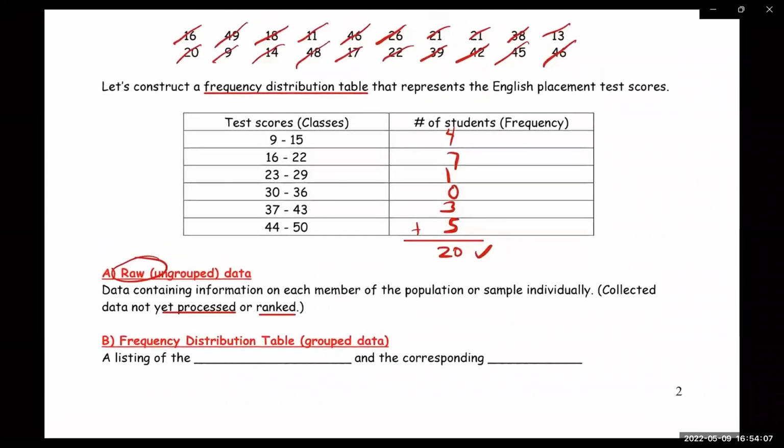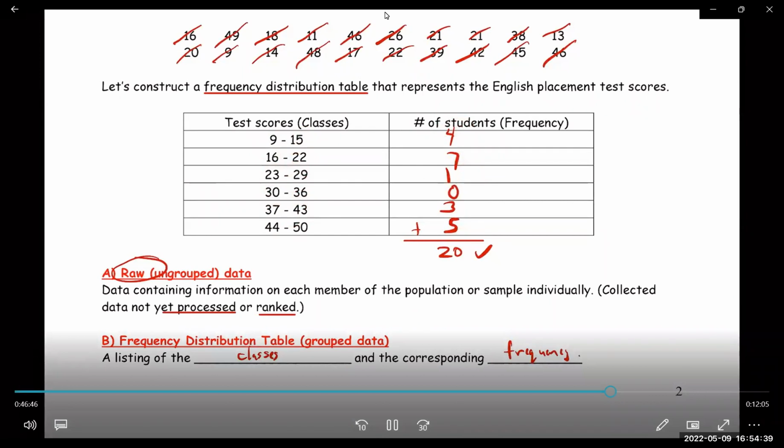All right, so a frequency distribution table, a listing of the data, and the corresponding, oh no, I'm sorry, a listing of the classes and the corresponding frequency. So this is a list of classes, and these are the frequencies. All right, so that's what a frequency distribution table is.